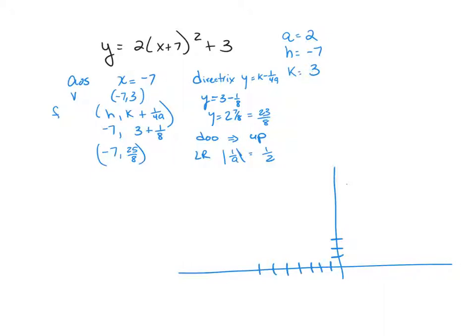The directrix, I call it the hovercraft line. It's the line that this parabola is going to kind of hover over, and it's the same distance as the focus is. And it's hard to draw because they're very small fractions, but it's below the vertex, the same distance as the focus is above it. Okay? So 2 and 1/8.